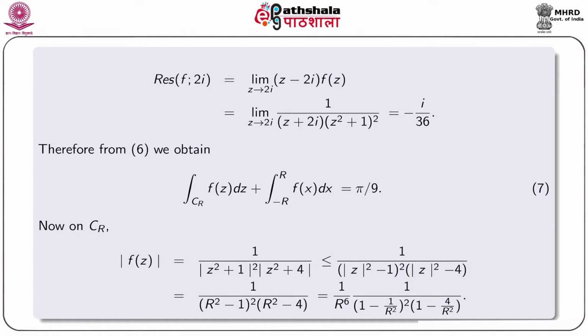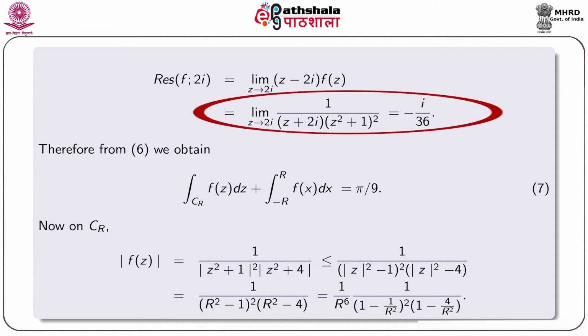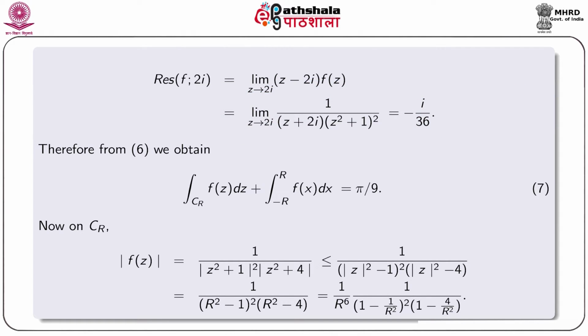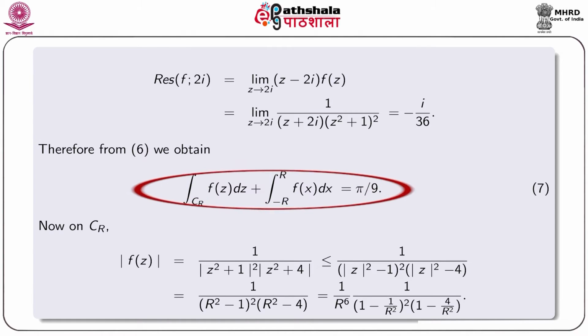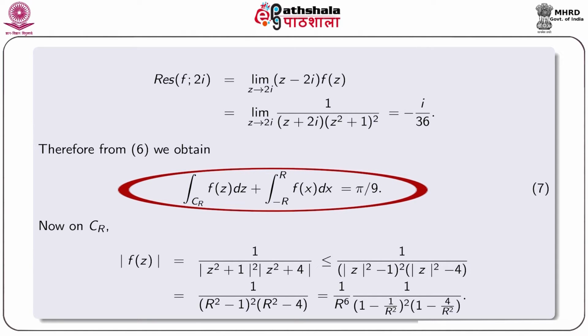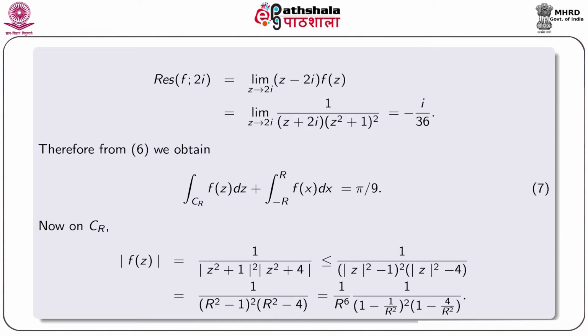Also, the residue of f at 2i equals the limit as z tends to 2i of (z minus 2i) into f(z), that is equal to the limit as z tends to 2i of 1 by (z plus 2i) into (z squared plus 1) whole squared, and by simple calculation we obtain this equal to minus i by 36. Therefore, from 6 we obtain the integral over CR of f(z) dz plus the integral from minus R to R of f(x) dx equal to pi by 9.